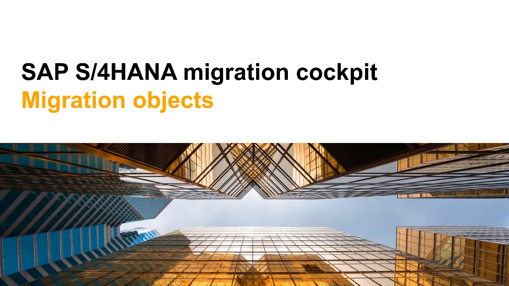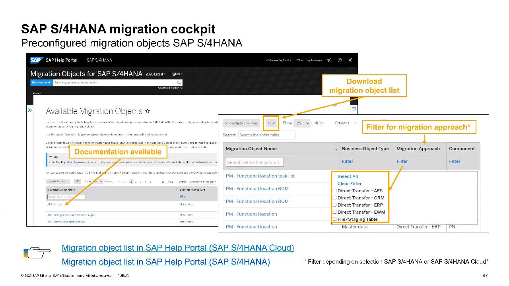Okay, a few words to the migration objects. You're able to check the content which we deliver before you have your system available. All the objects are to be found in the SAP Help portal. Based on the release and on the different approaches, you are able to select the migration objects to check the content. Here you can have the documentation available.